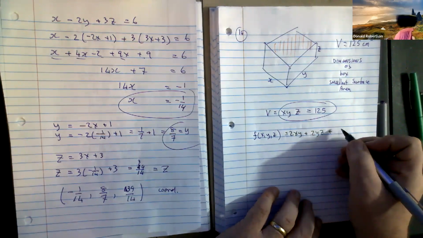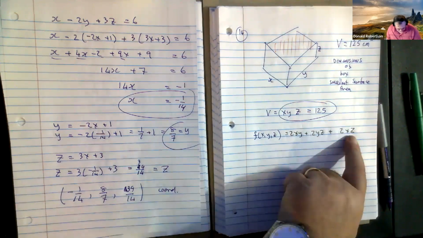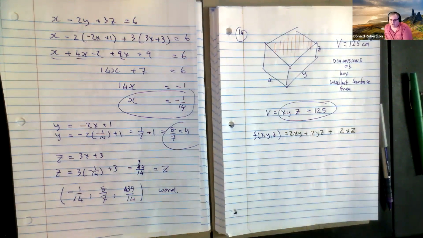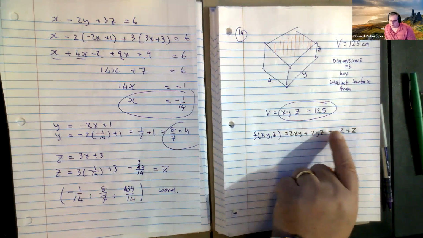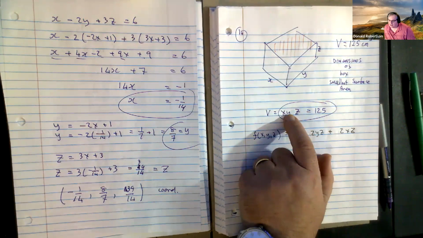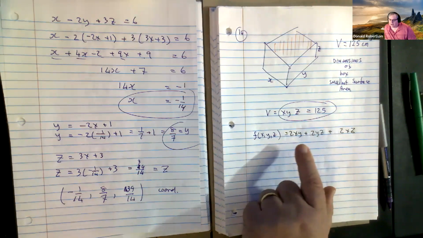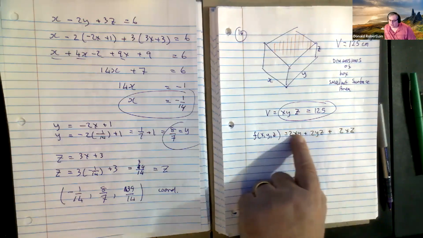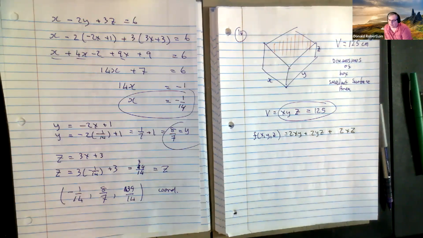And if you want to get the other sides, it's 2xz. That function represents the total surface area, right? Top and bottom, front and back, left and right. Are we comfortable with the setup that the constraint is x times y times z has to be 125 because that's the volume, and that the thing we're trying to minimize is this function here, which represents the total surface area of the 6 sides?